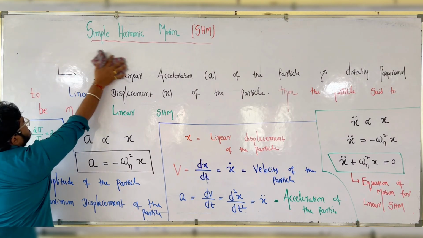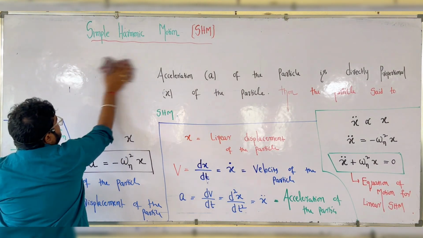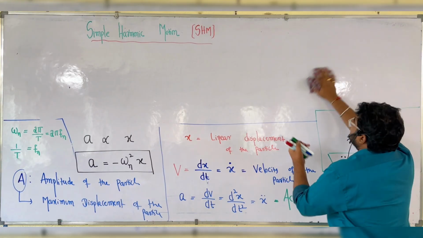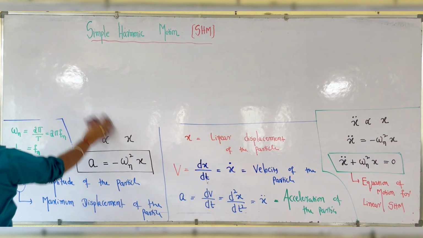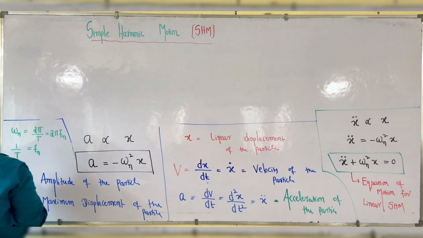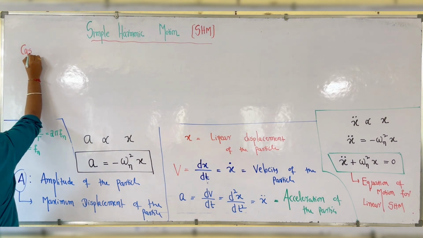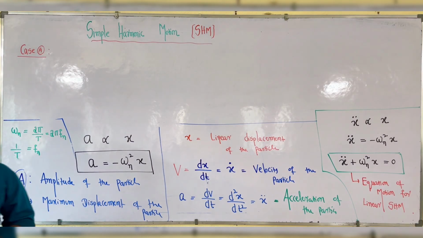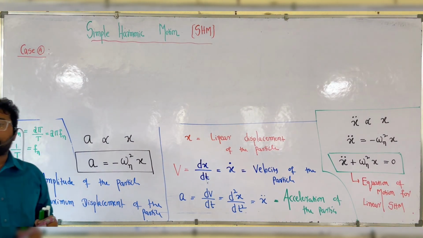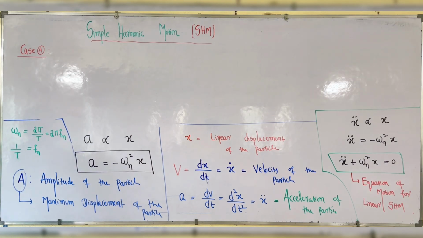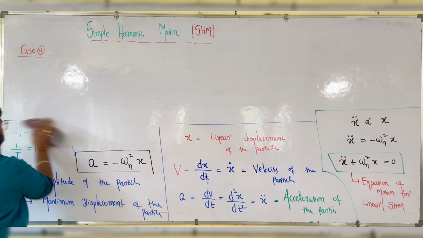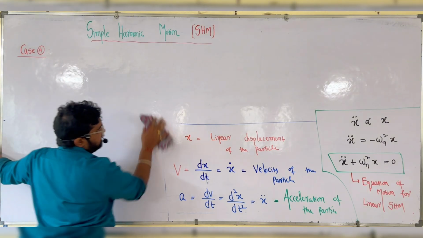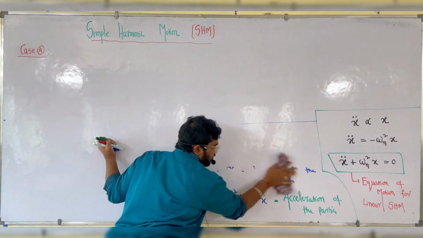Next, case A. Total two cases. The equation of the displacement of the particle is x equals a sin omega t, and x equals a cos omega t also gives simple harmonic motion.